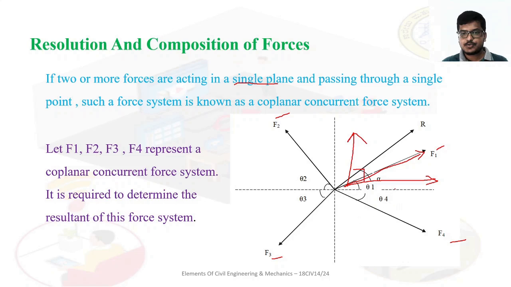These two perpendicular components will resolve the force F1. It makes an angle, which I'll take as alpha. This is F1 cos alpha and this is F1 sin alpha. So like this we resolve a force into two forces which are perpendicular to each other.